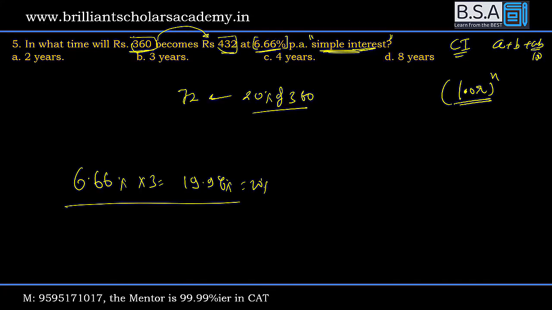So how do I get 20% out of 6.66? Make it thrice. There's your answer. Think more and more in terms of percentage. When it comes to SI, apply common sense.